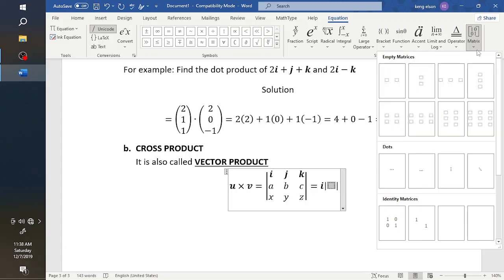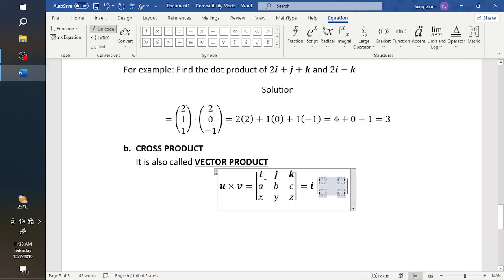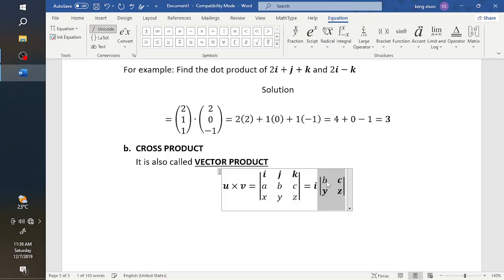Imagine covering this vertical and this horizontal. You're left with b, c, y, and z. Is it okay? So we have b, c, y, and z. That is a 2 by 2 matrix in which we are going to find the determinant.